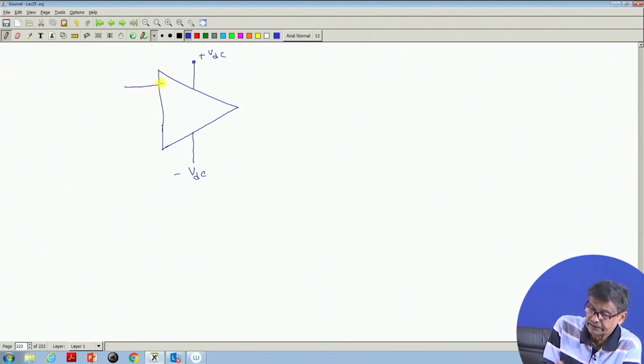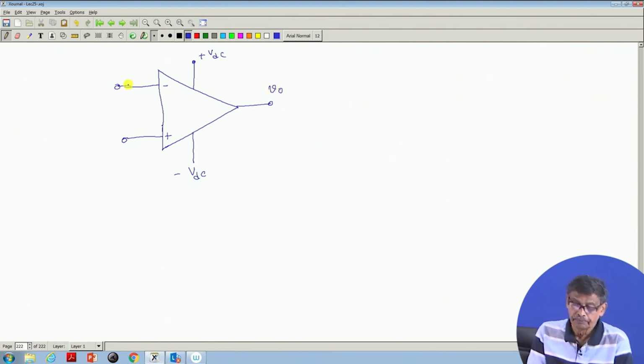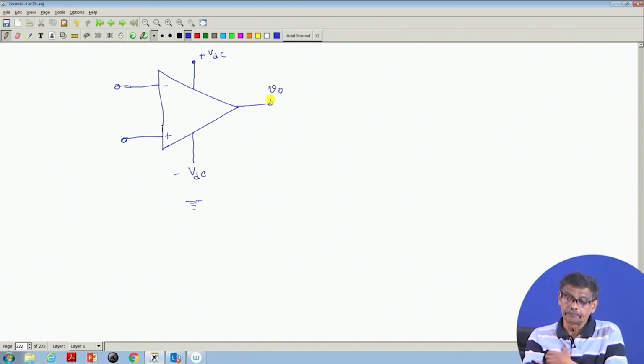Here is the minus inverting terminal and plus non-inverting terminal, these are the two points, and here is your output, pin 6, which also is not written while drawing the circuit. This is the output voltage we call it. Ground point exists at the center of the battery, with respect to which I measured this voltage, this voltage, this voltage, that is the whole thing.